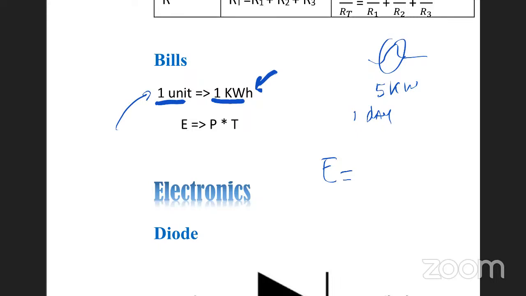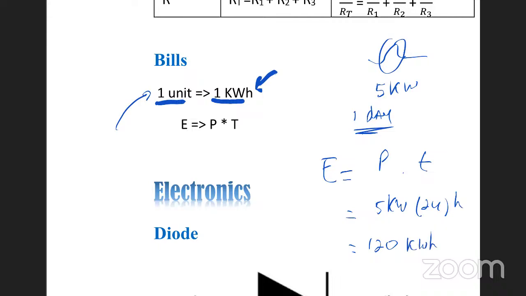Well, number one, write down the power and write down how long you're using it for. The power is 5 kilowatts and the time is how many hours? 1 day is 24 hours. So we end up with 120 kilowatt hours. Okay?